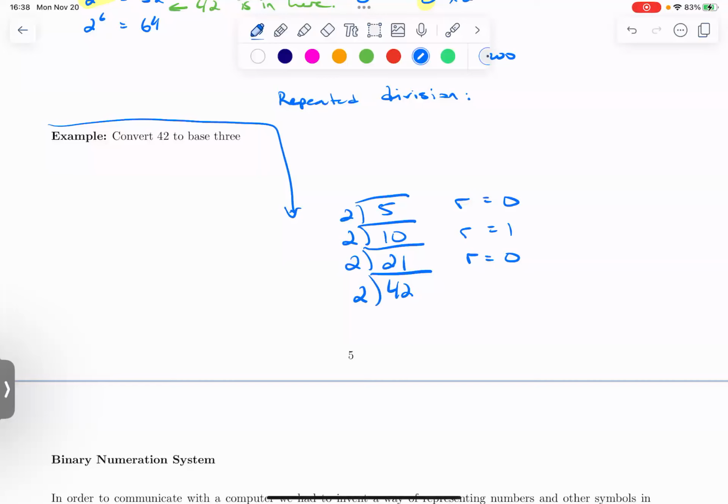I think you see it. 5 divided by 2 is 2 with a remainder of 1. 2 divided by 2 is 1 with a remainder of 0. 1 divided by 2 is just 1 with a remainder of 1. And now you read down.